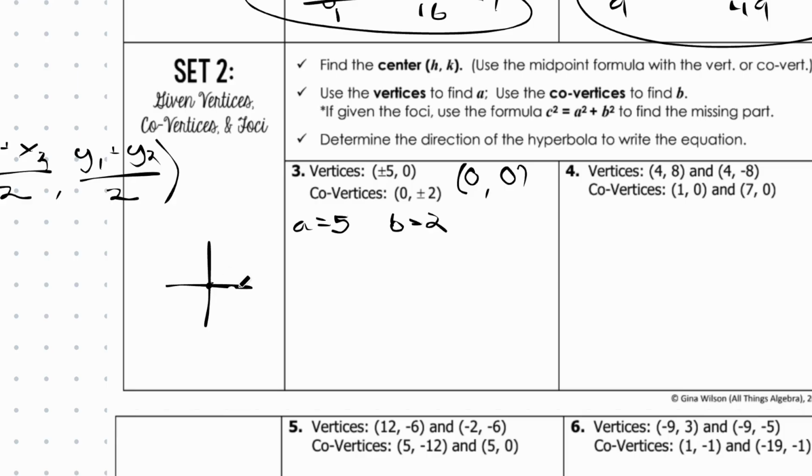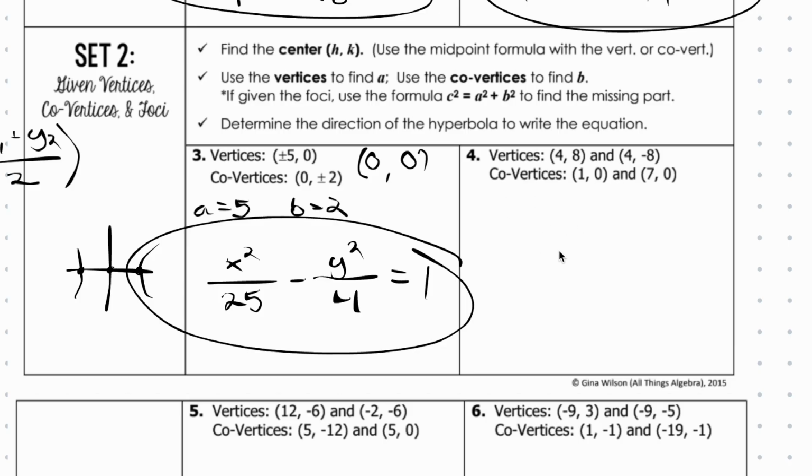If this is our center, our vertices are going to be here and here. That means we're going to be creating graphs that go like that. And that's going to be a horizontal hyperbola. So that means our x value is going to come first. Since we don't have any horizontal shifts, it's just x squared over a squared, so 5 squared, which is 25, minus y squared, since no vertical shifts, over b squared, which is 2 squared, which is 4, and that's all equal to 1.